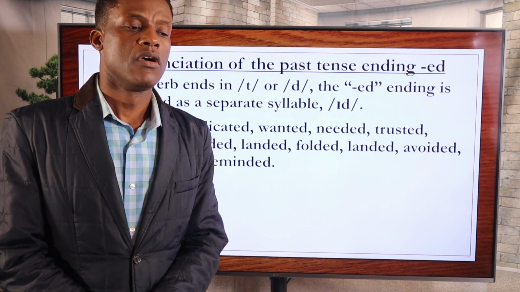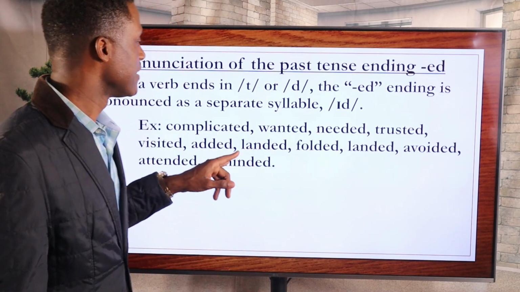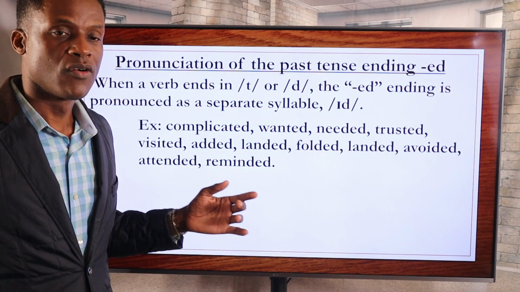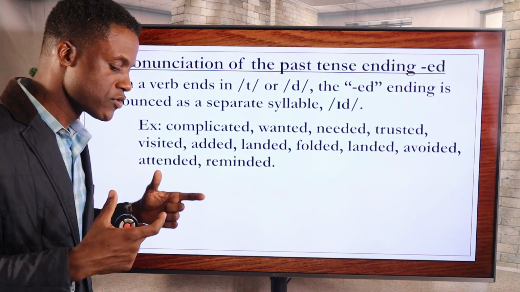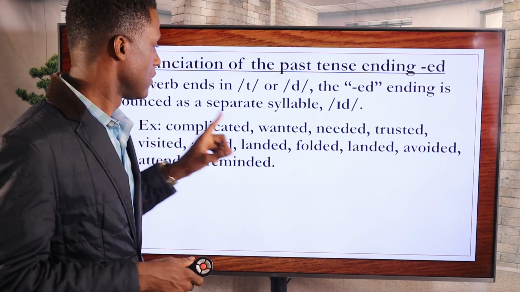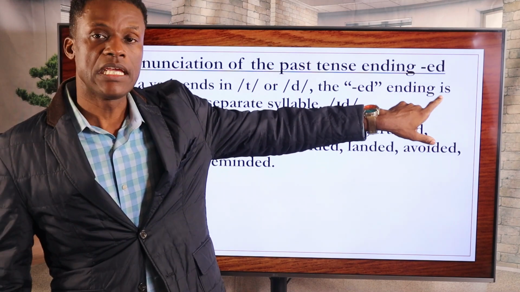So all of those, you add that extra syllable, which is where you hear the id sound for those verbs ending with the ed ending.